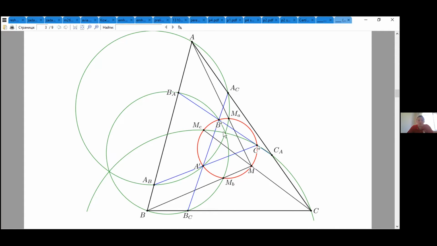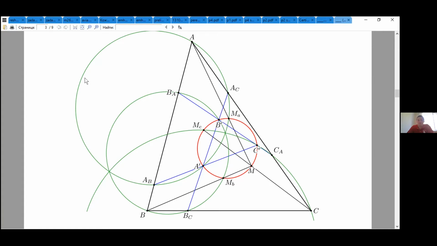So we have this green circle passing through points AB and AC. By the way, of course, I skip some details. We'll present the solutions, or at least sketches of the solutions, for all the problems in written form. So I skip some details like angle chasing.